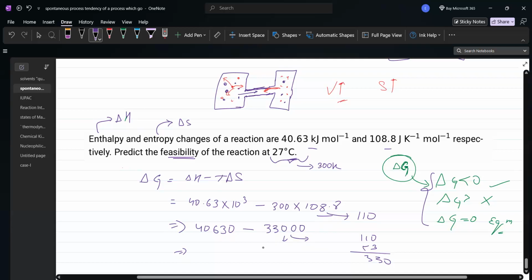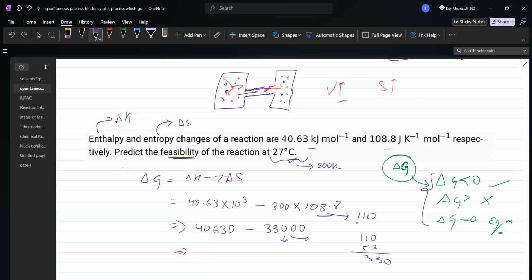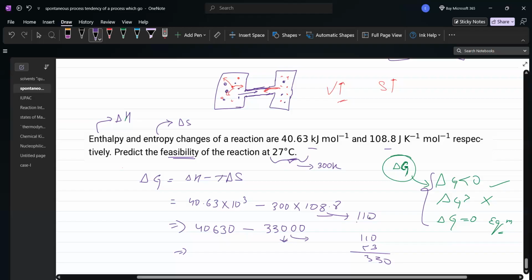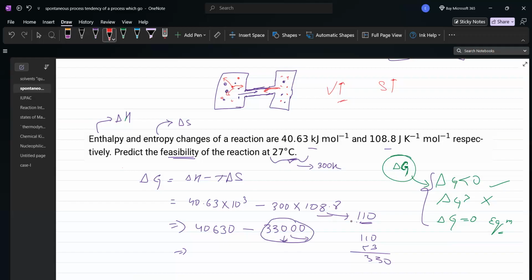Everyone, you have to apply this much logic: in this approximation which I have done, I took it as a little bigger, 110. So the answer is coming a little bigger than expected, right? Yes, sir.